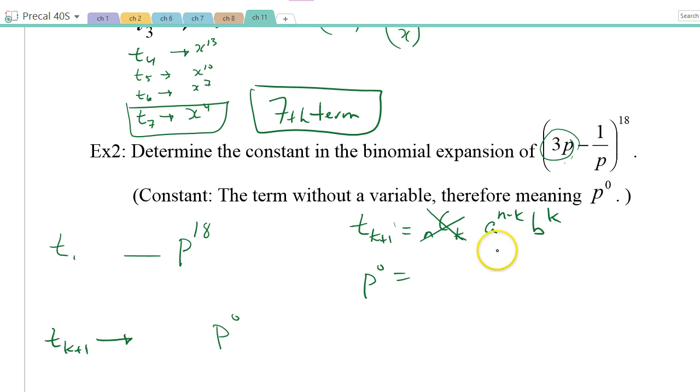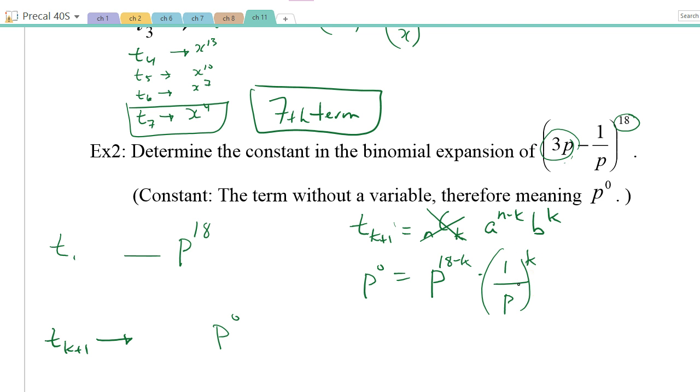I'm not worried about this part. And for my a, even though a is equal to 3p, I only need the p part. So I'm going to say p to the power of n minus k. So I know that n is equal to 18. So I'm going to say 18 minus k multiplied by, now again, the only part about b I need is the fact that it's got a p in the denominator, and that is to the power of k.